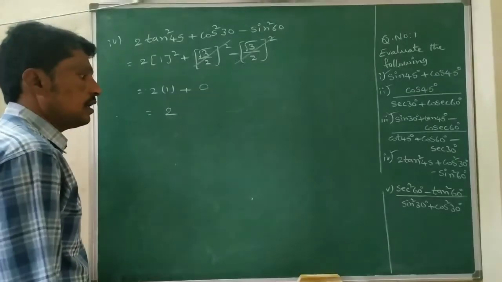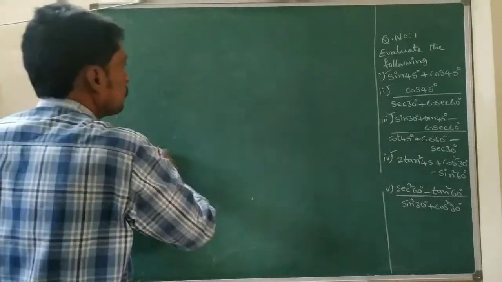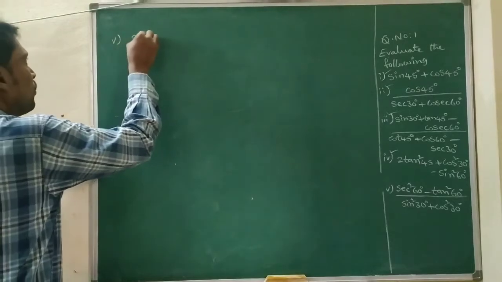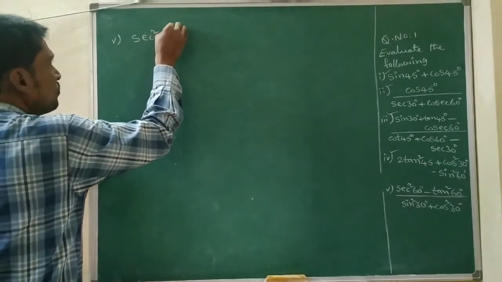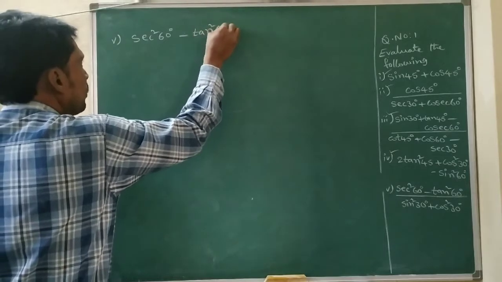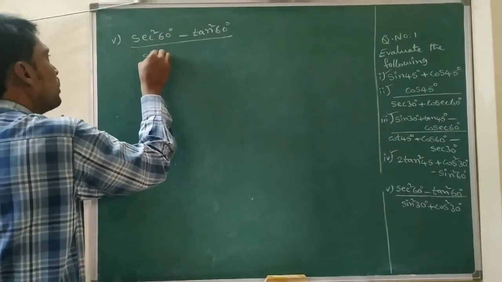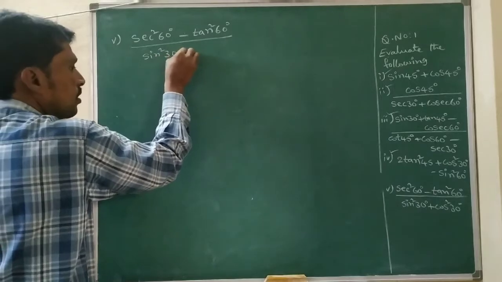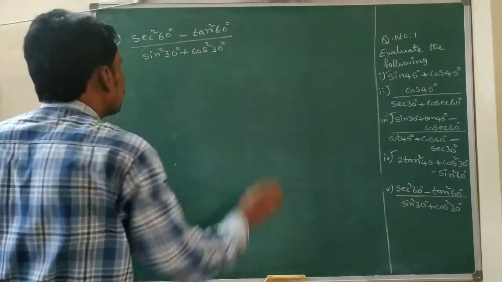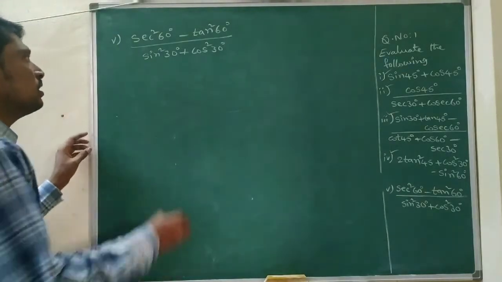Next, fifth problem, that is sec square 60 minus tan square 60 degrees by sin square 30 plus cos square 30. So sec 60 value how much it is? 2.